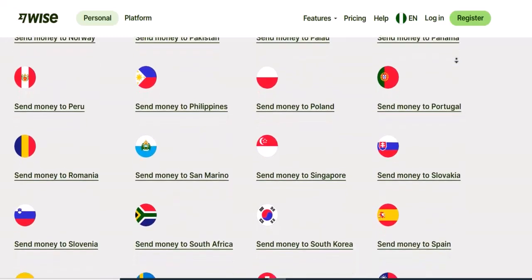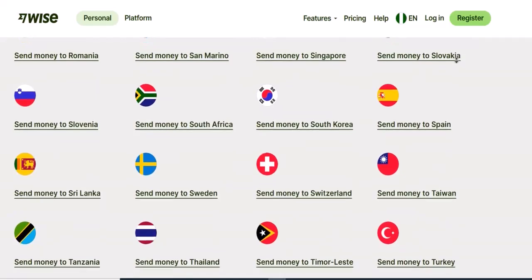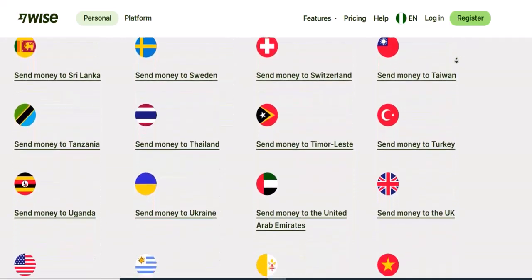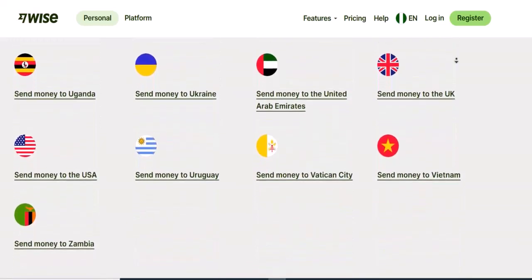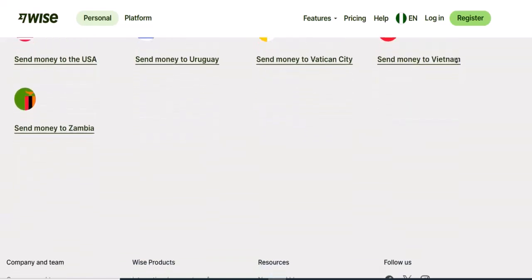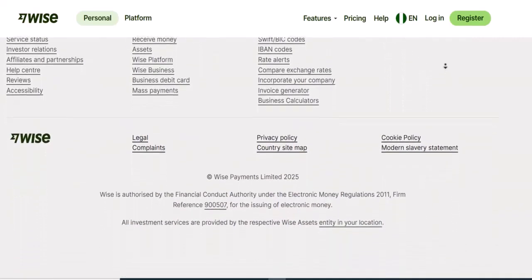Benefits of receiving USD with Wise. Cost savings. Avoid the often high fees and unfavorable exchange rates charged by traditional banks for international transfers. Receiving local USD payments can be free or very low cost. Speed. Domestic ACH and wire transfers are generally fast, ensuring you receive your funds promptly.